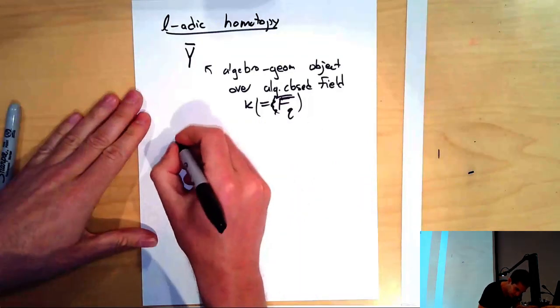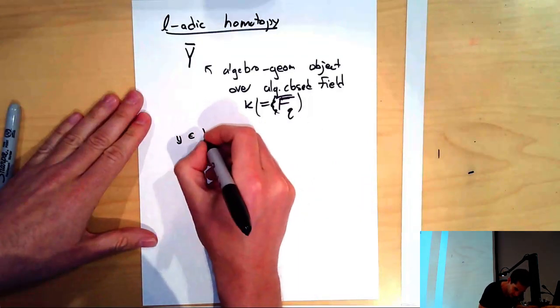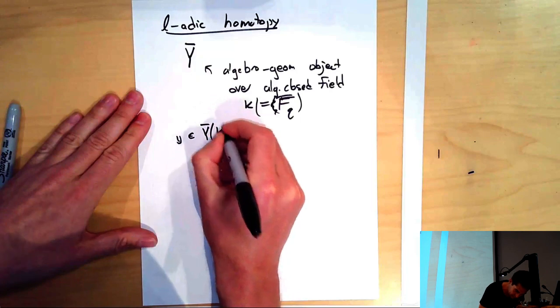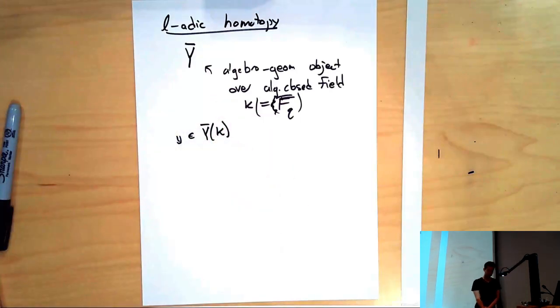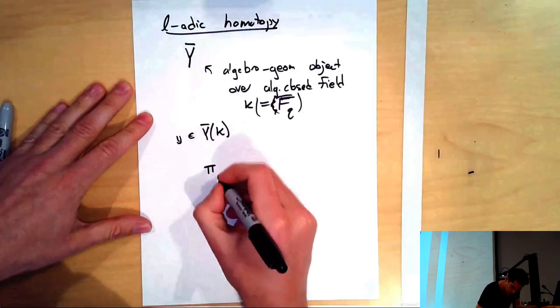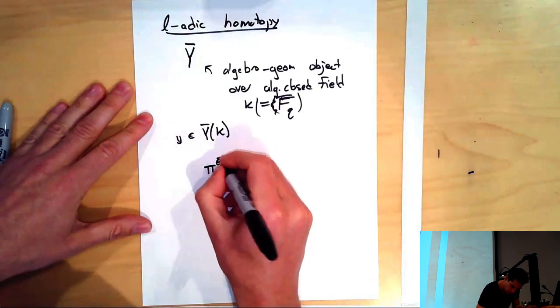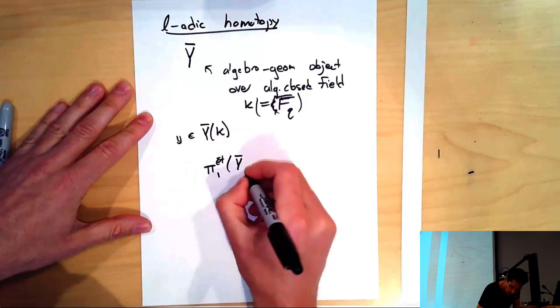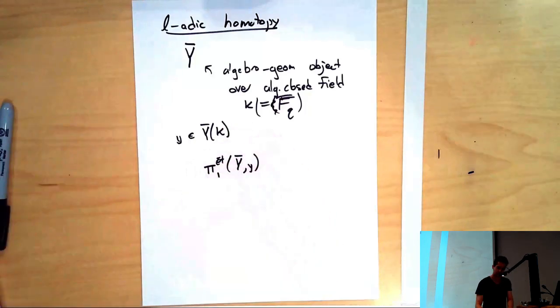And I'm going to fix a base point. So y is going to be a K-point of Y bar.